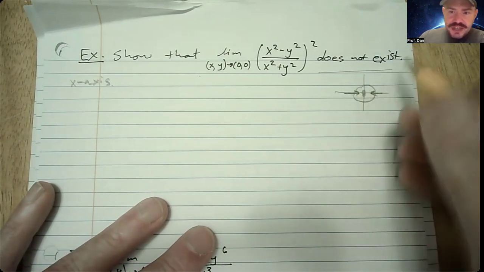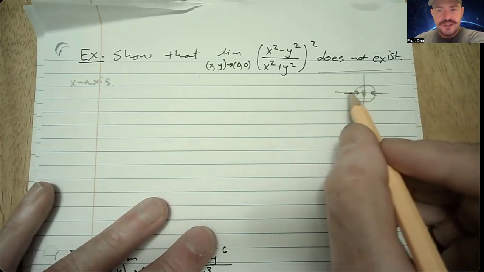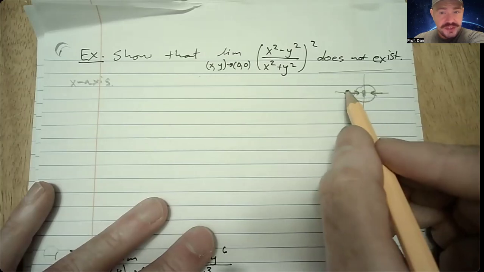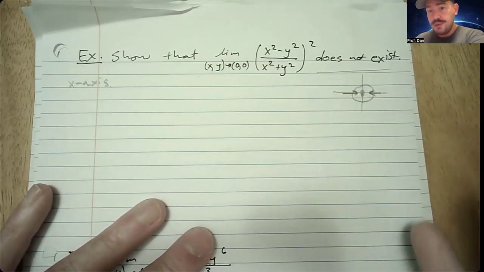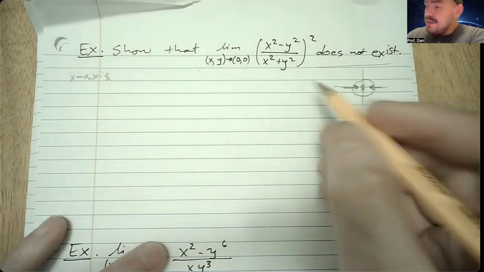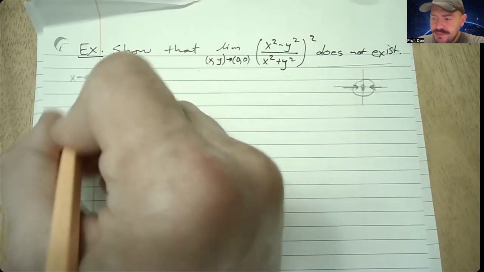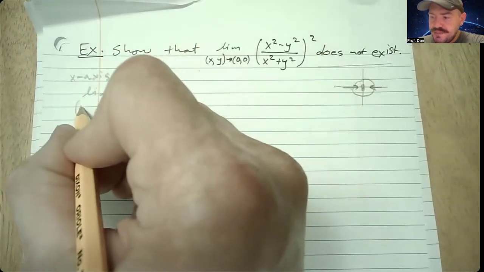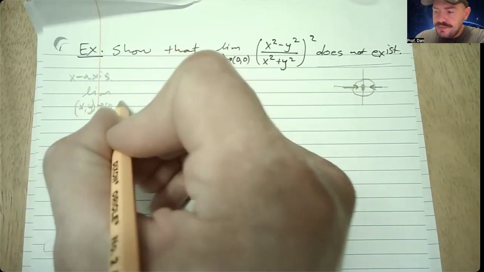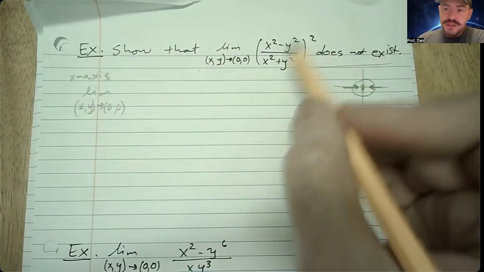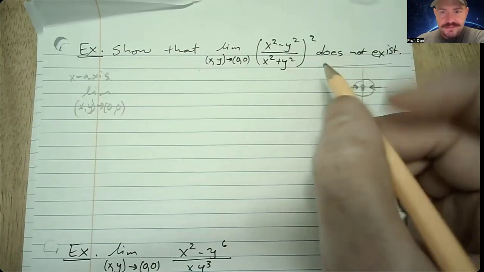Right, which means that essentially I would be looking at coordinates where the y is always equal to 0, right? Because every point on the x-axis has a y coordinate of 0. So essentially I could look at the limit as x, y approaches 0, 0 of this function, but with 0 in place of all the y's.